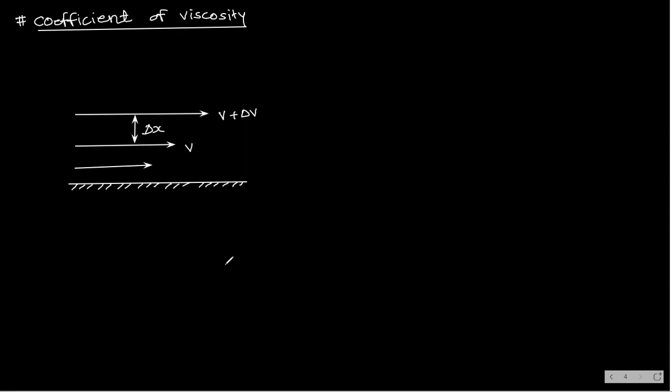Clear? So I am considering these 2 layers, that is p and q. For q you have velocity v, and for p you have v plus delta v. These 2 layers p and q are separated by distance delta x.